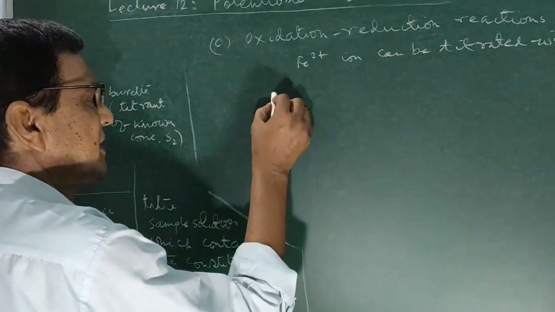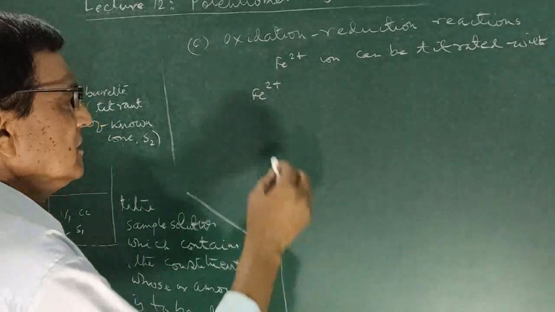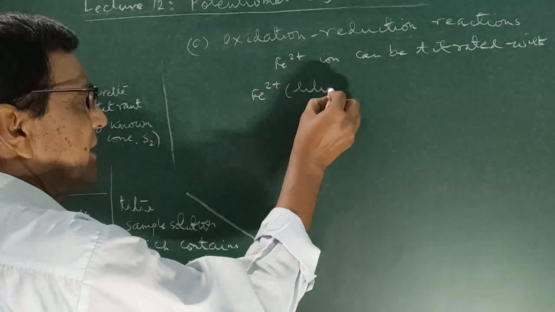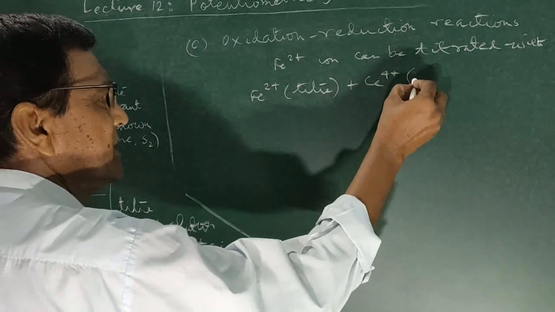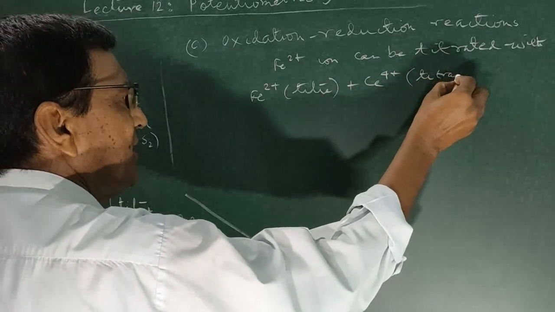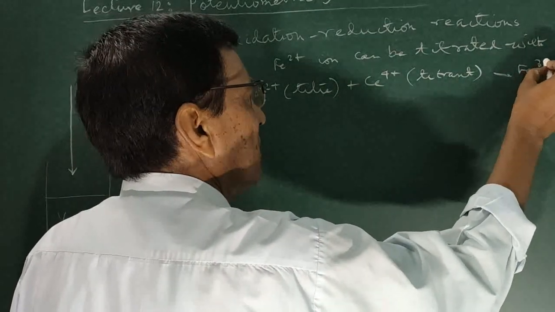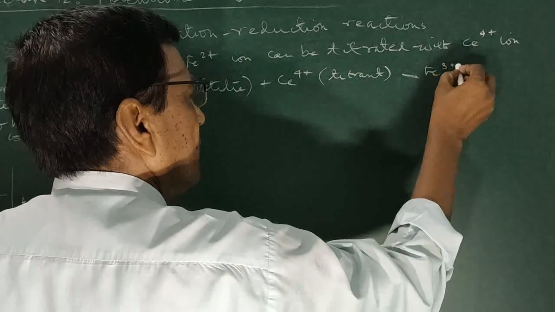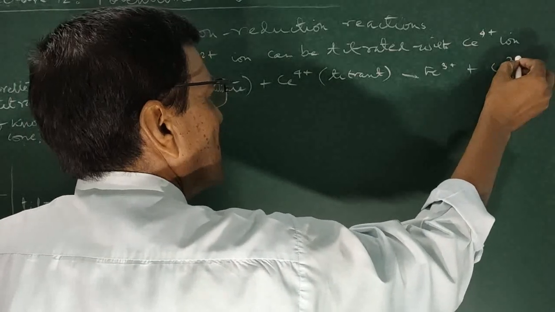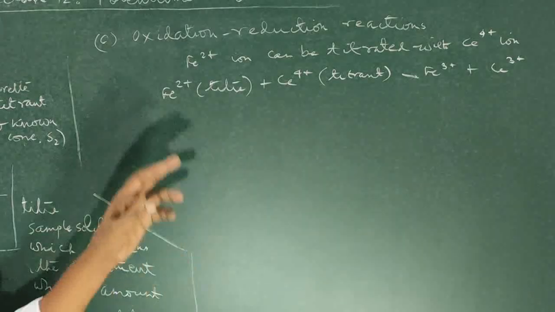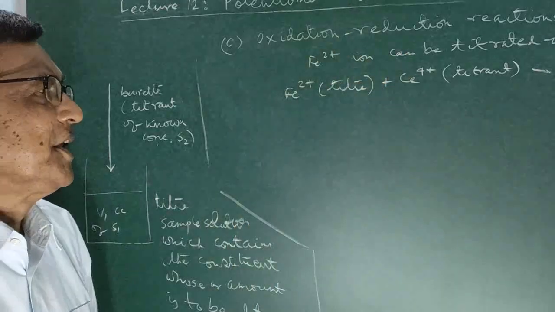And this reaction, if I write it as an ionic reaction, is ferrous ion, this is in the titer, plus ferric ion, this is in the titrant, and gives ferric ion plus ferrous ion. That means this ferrous ion is oxidized to ferric ion by the addition of this ferric ion.